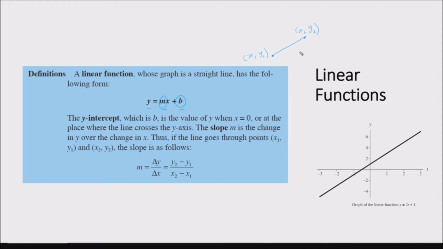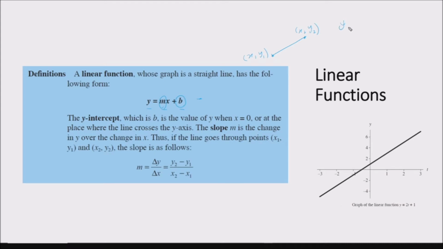In order to satisfy this condition, this line right here will go through this point, and also this line is going through this point as well. So it has to go through 2 points. That means this number has to satisfy this condition and this number has to satisfy this condition. So you can have two equations.